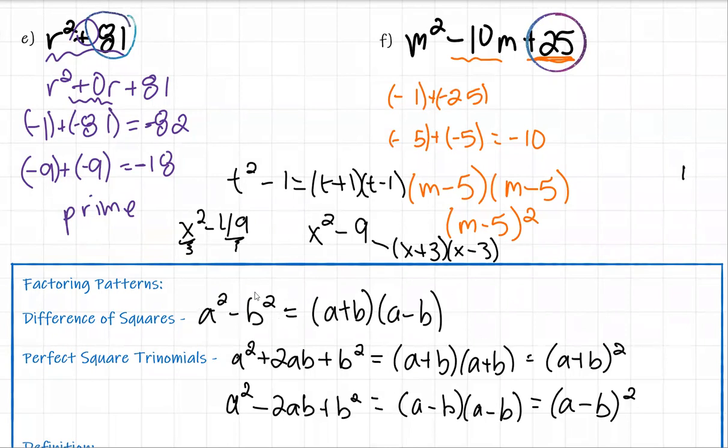But if you don't understand how these patterns work, then you can still do it how we have been doing: find the 2 factors of the last term, the constant, that add up to the middle term, the power to the 1, the m, the x, the t, etc. Right? So you can use this if you want. You don't have to. It's just something we want to notice as we continue factoring.